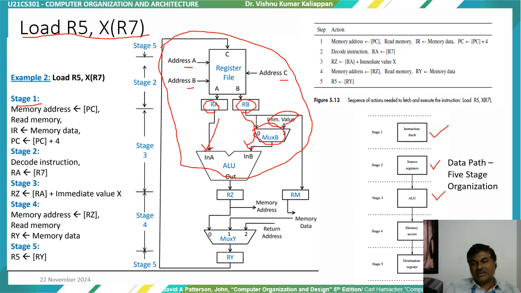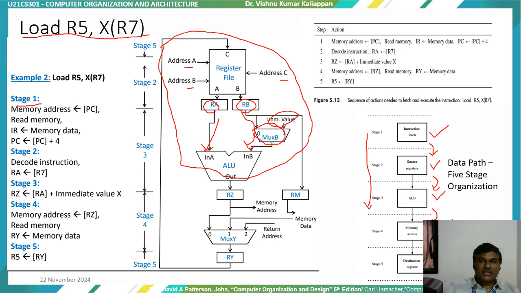After that comes the arithmetic logic unit operation, then access the memory, and put the data into the memory. So from stage 1 to 2, some decoding process will be happening, and after that you will execute, then access the memory, and after that put the data into the memory. So these are all the 5 stages that we have seen already.